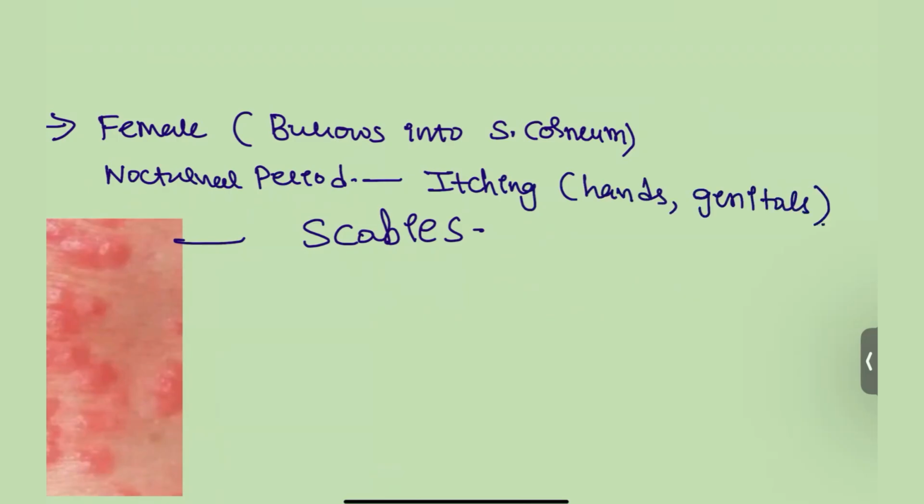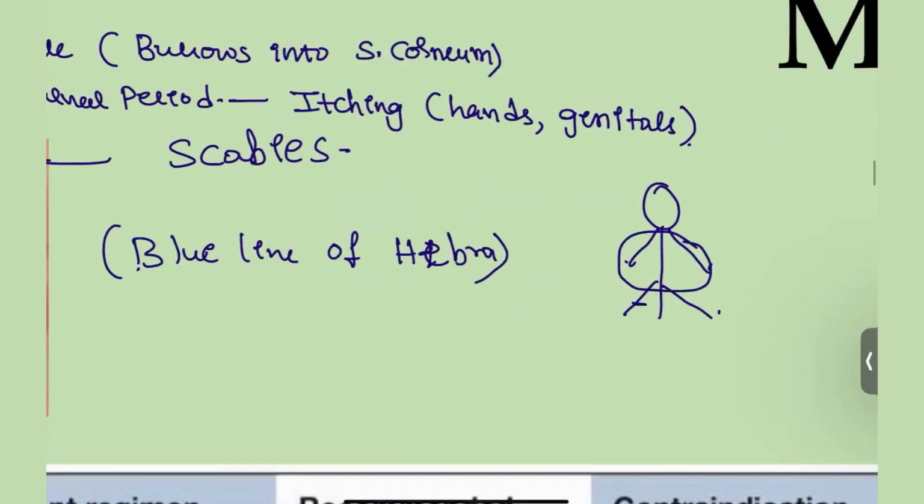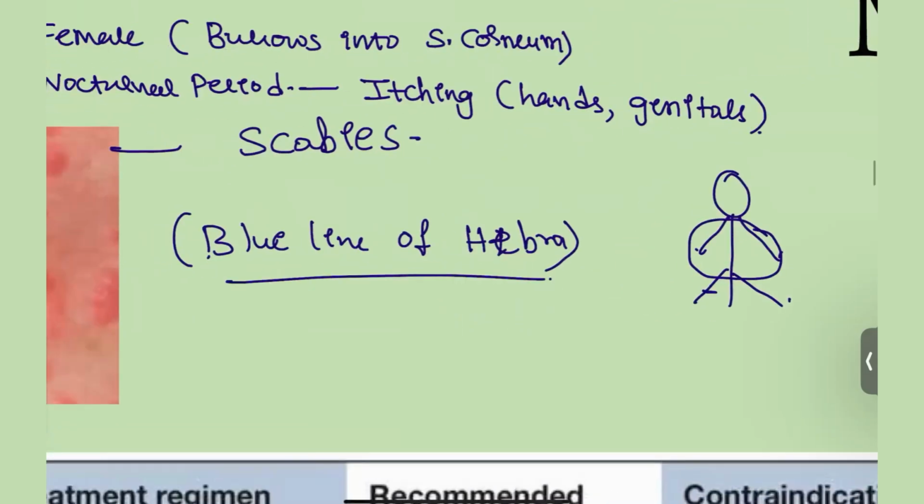And it is going to involve the blue line of Hebra, like a circular pattern on the human body. So it is going to involve flexures and extensors, and also genital regions and the umbilical region. This is known as the blue line of Hebra.